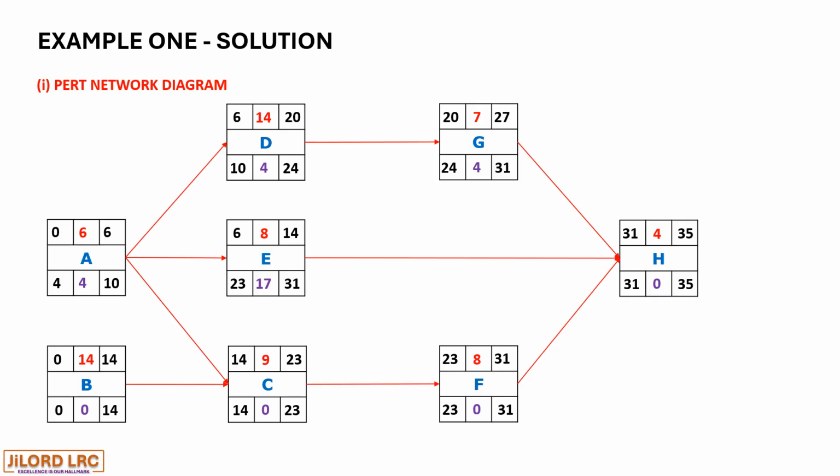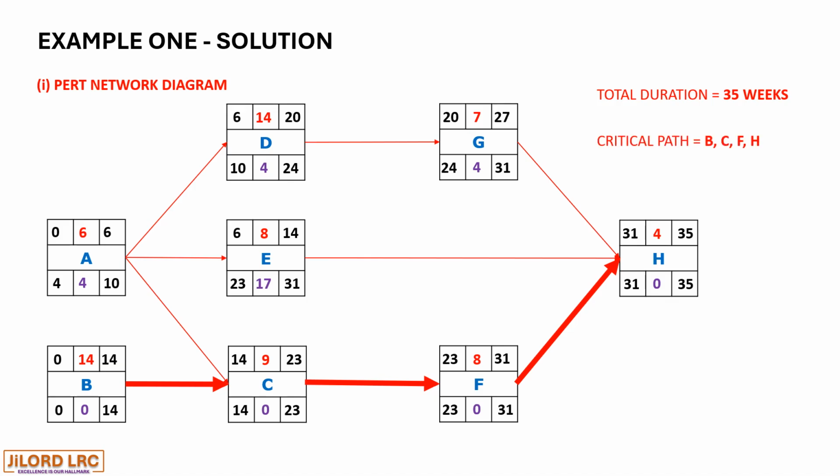So this is our PERT network diagram. The critical path is the path with the very thick red arrows as indicated. Total duration is 35 weeks. Critical path is B, C, F, and H.